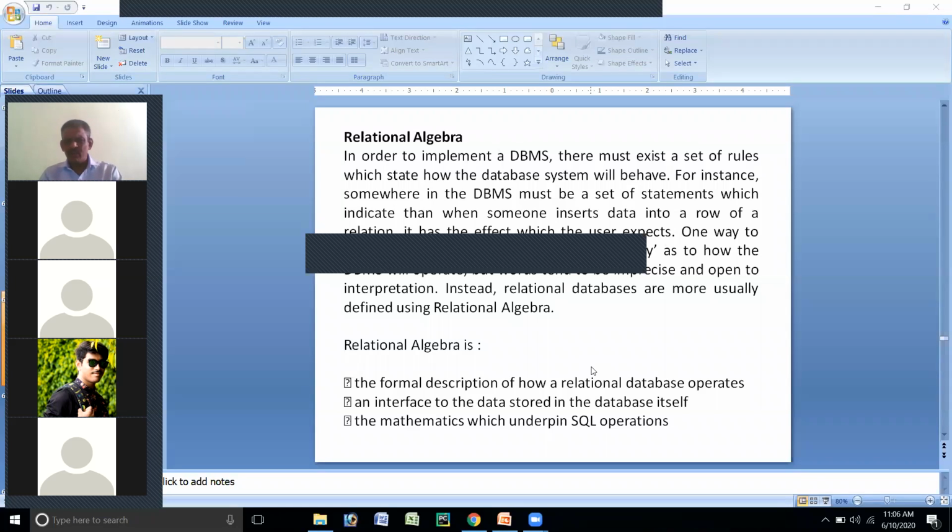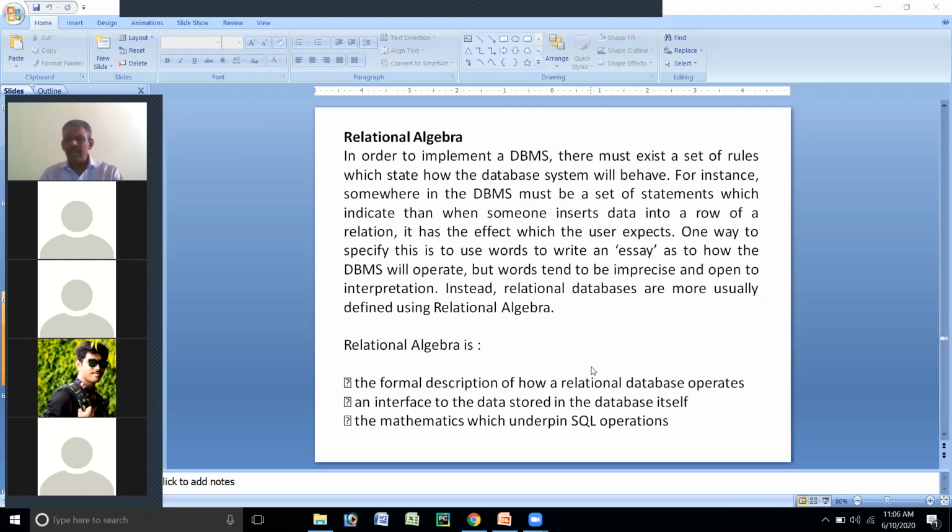The formal description of how a relational database operates will be described by our relational algebra. It is an interface to the data stored in the database itself. The relational algebra is acting as an interface to the data stored in our database. This is the second point.